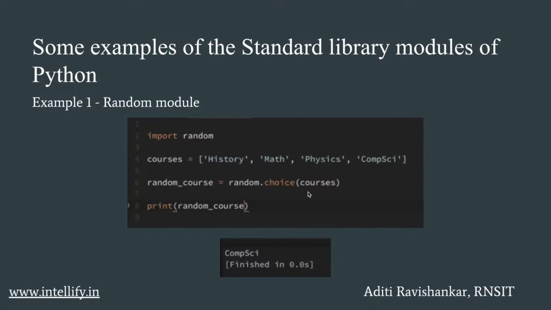What this does is it picks out a random element from this list and assigns it to this variable. So when we print out random_course, we will be getting a random subject name from the list of courses. So this is the output. So you can see that we got a subject name. So this was randomly picked from this list.